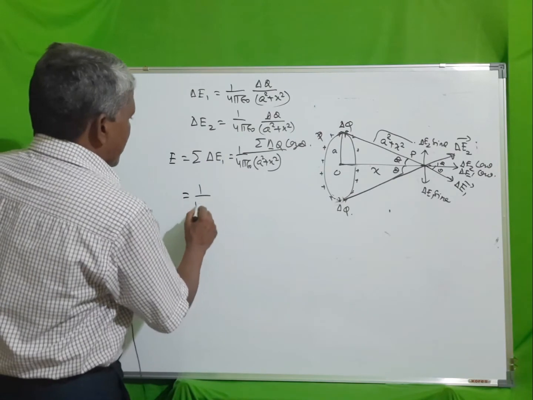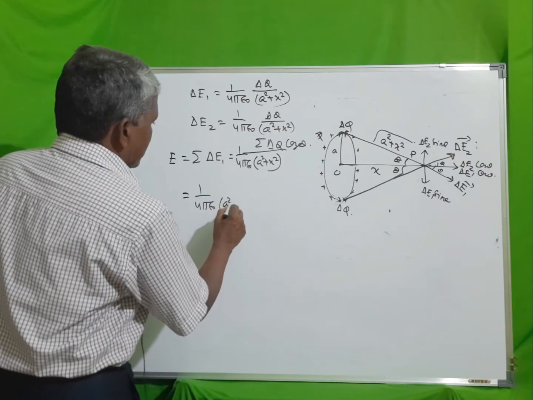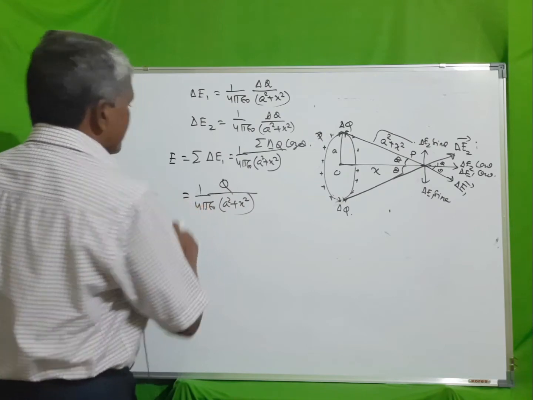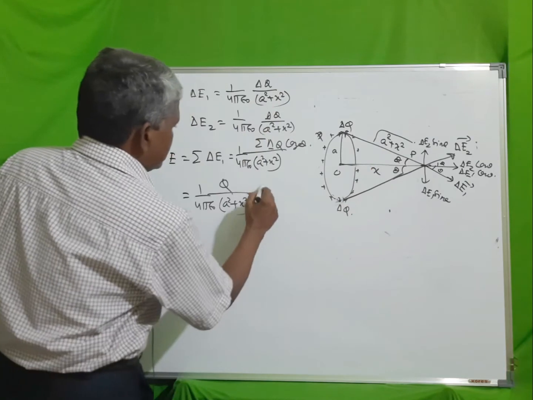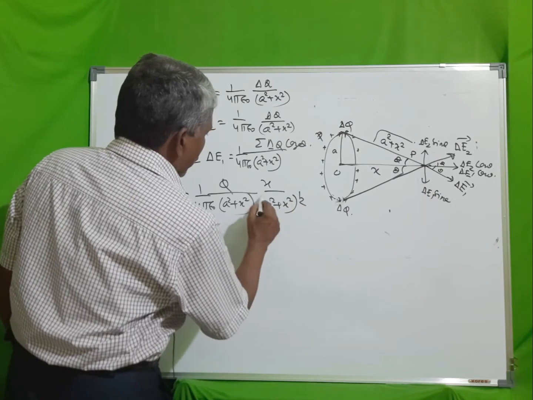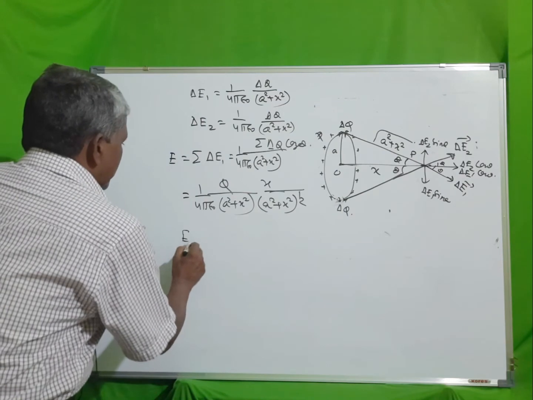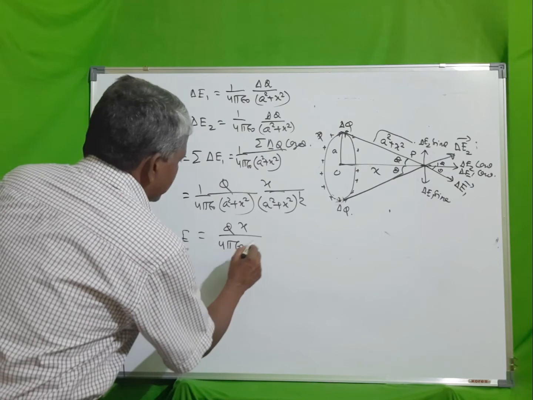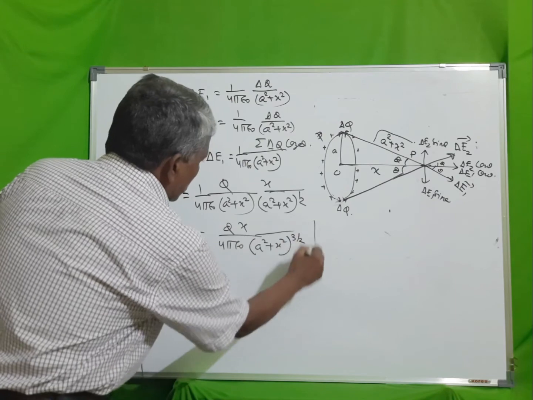So this is 1 by 4 pi epsilon 0 (a square plus x square) into Q, and cos theta is x by (a square plus x square) to the power half, or E is equal to Qx by 4 pi epsilon 0 (a square plus x square) to the power 3 by 2.